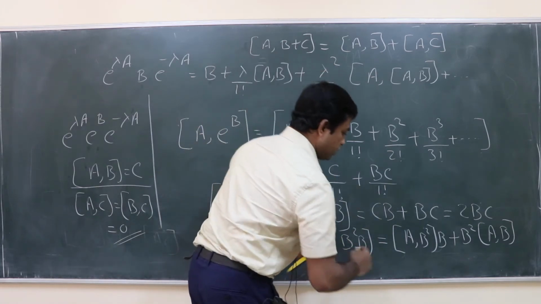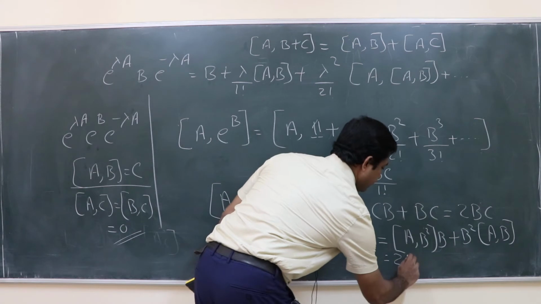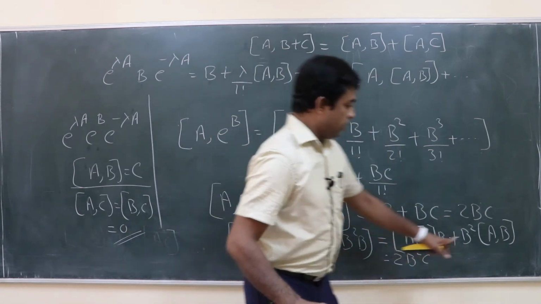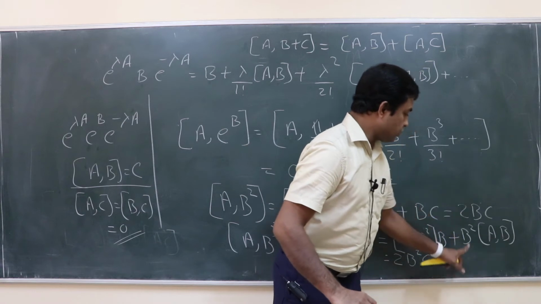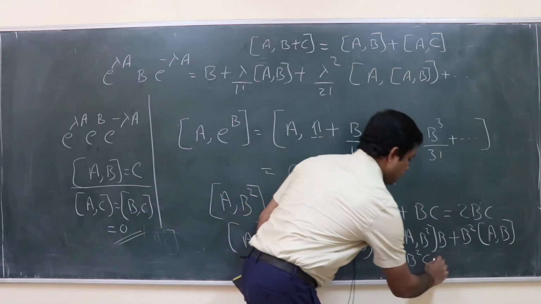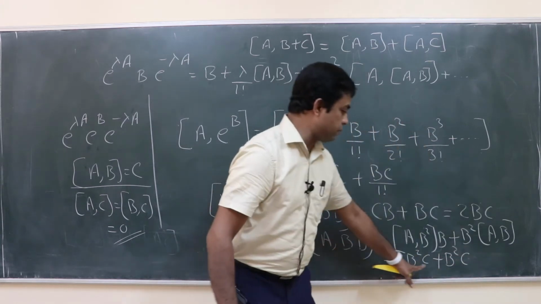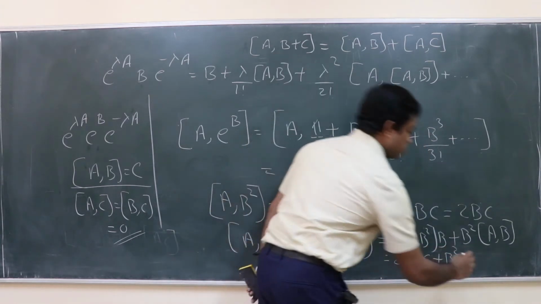Okay. So you have to stop me if you have any problem. 2b square c. This is a with b is c, so b square into c. So that is again b square into c. So 2b square c plus b square c is 3b square c.